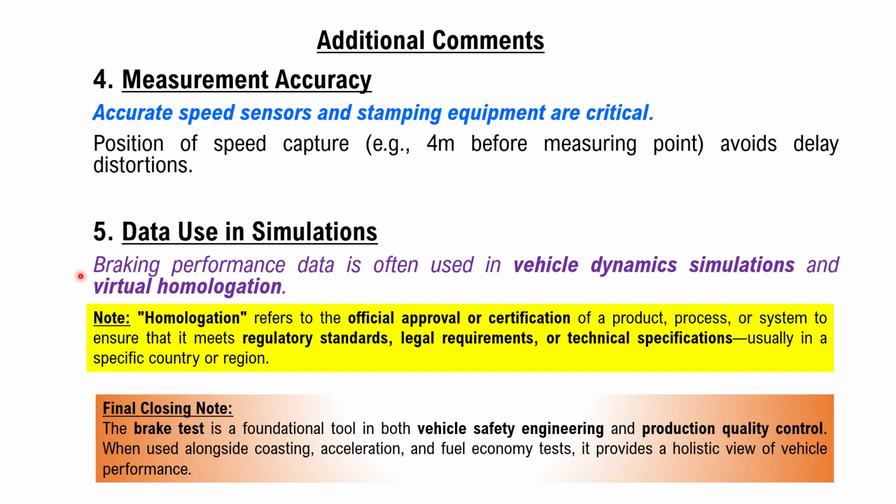Homologation refers to the official approval or certificate of a product, process, or system to ensure that it meets regulatory standards, legal requirements, or technical specifications, usually in a specific country or region.